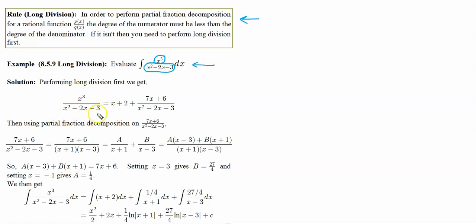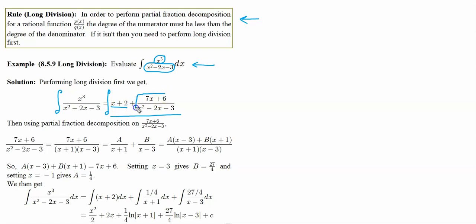If you do long division, you'll find that you get this expression right here on the right hand side. You'll find that your integrand is equal to x plus 2 plus (7x plus 6) divided by x squared minus 2x minus 3. And you see, now if you want to integrate each side, this is easy.